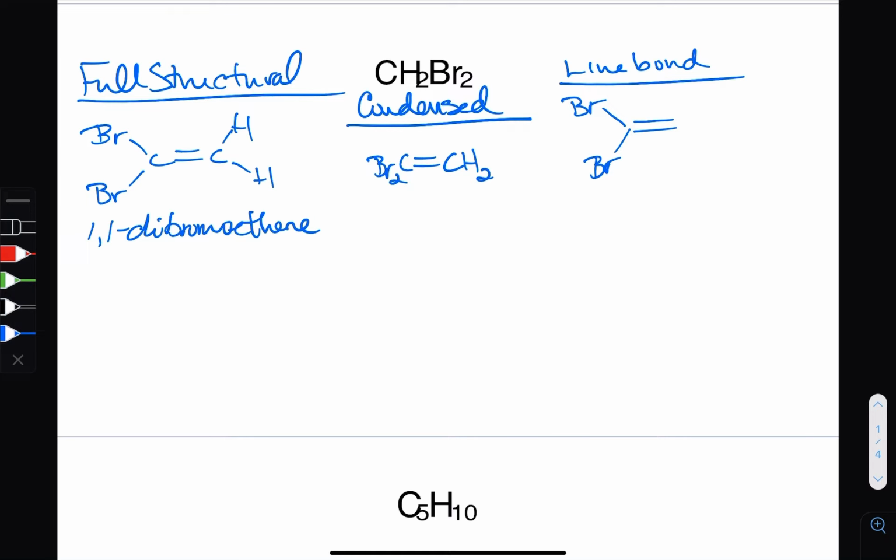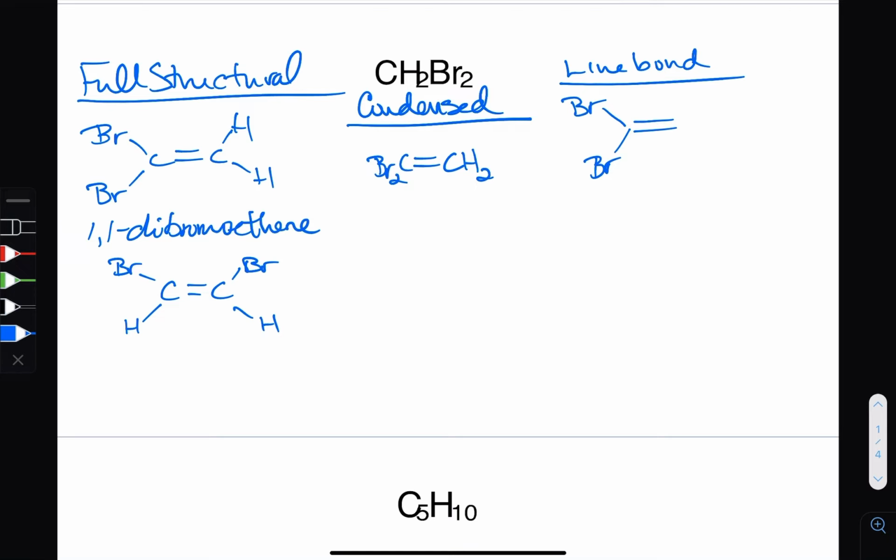All right, now let's go back to the case of one bromine on each of our carbons. So we can say, okay, bromine here and bromine here, which would mean that our hydrogen is here and our hydrogen is here.